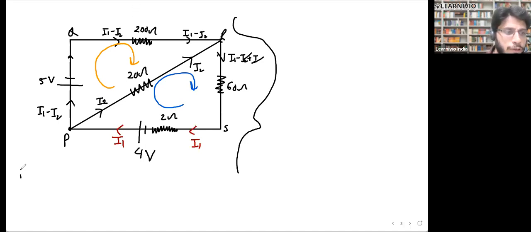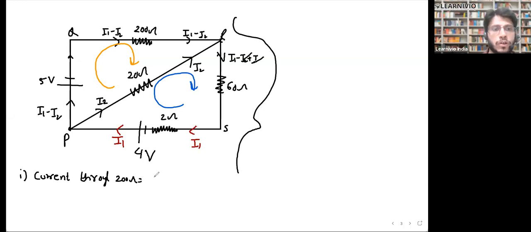So in the first part, you need current through each and every resistor. So get the value of current through the 200 ohm resistor. Current through the 200 ohm resistor is I1 minus I2.